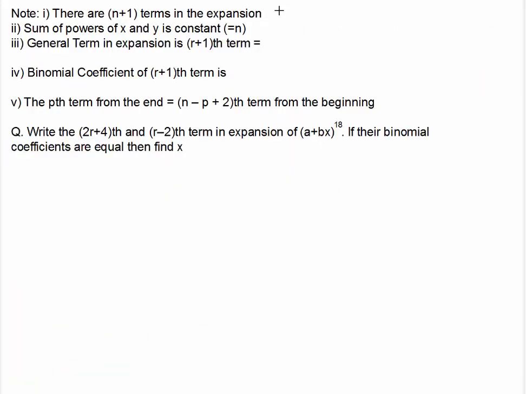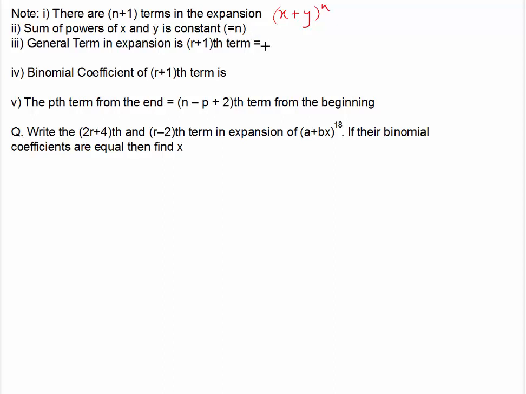Now, in general, in the expansion of (x + y)ⁿ, the number of terms is n + 1, as we just saw. Next thing, if you note in the expansion we just wrote, the sum of powers of x and y in each term is constant, and that's equal to n.